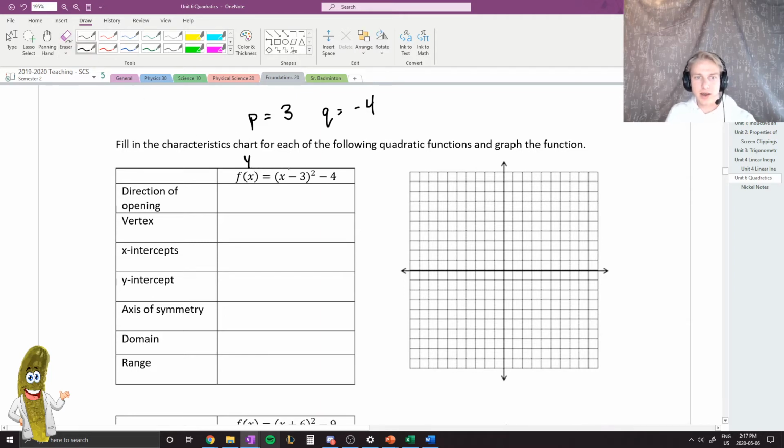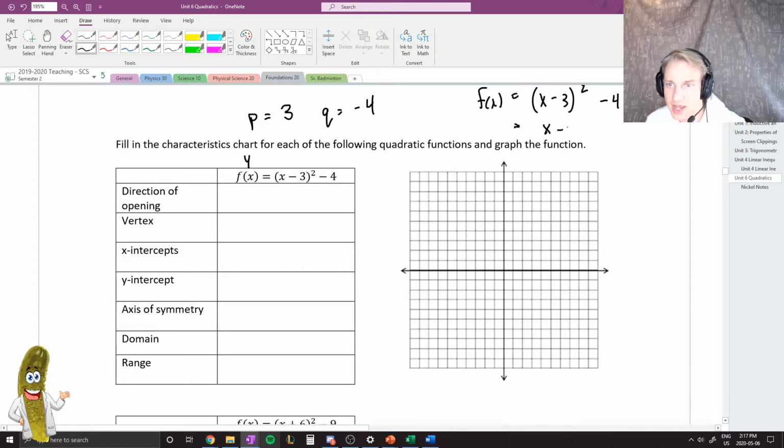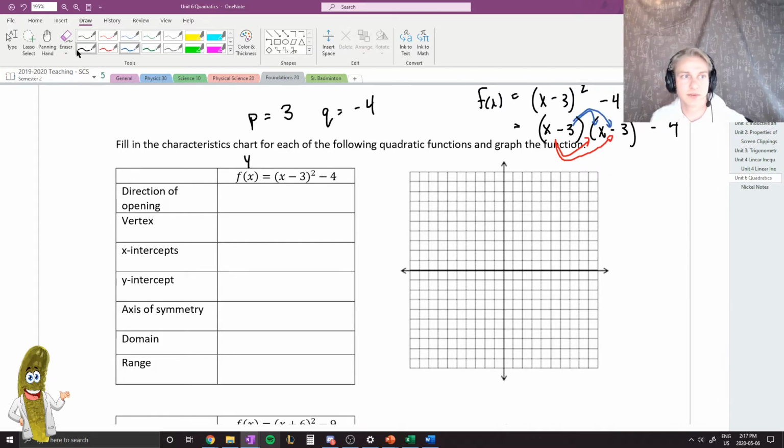So I could actually FOIL this out, where we have f of x is equal to x minus 3 squared minus 4. Many of you will be able to see that this x squared will remain positive no matter what, but I just want to show you that that is the case. So expanding this out, we have x minus 3 times x minus 3, subtract 4. You would need to FOIL this out, so it would be x times x, and then x times negative 3, and then negative 3 times x, negative 3 times negative 3.